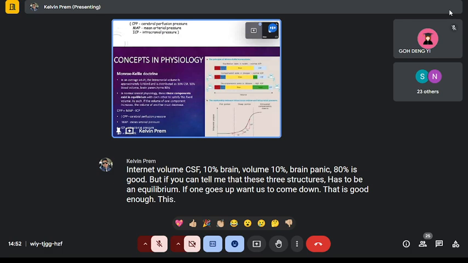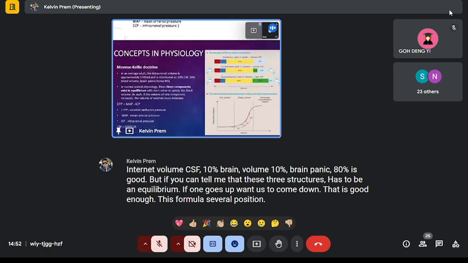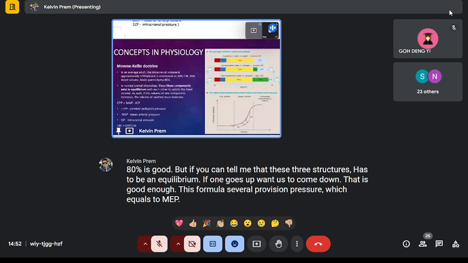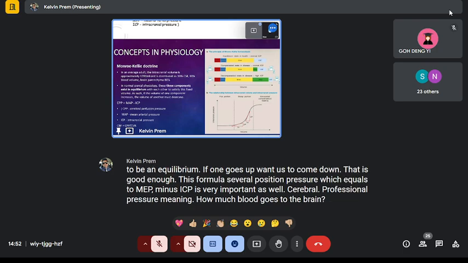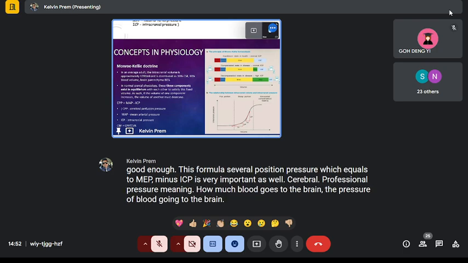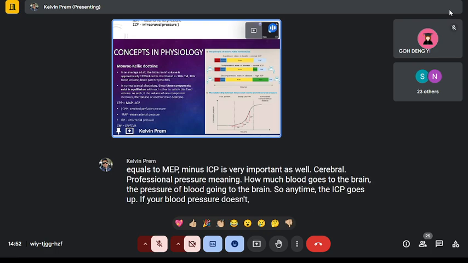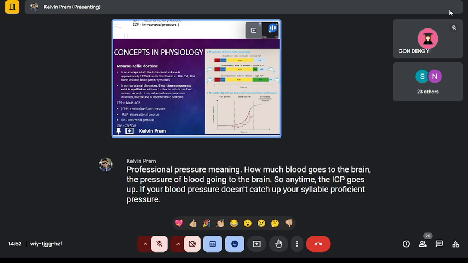This formula, cerebral perfusion pressure equals MAP minus ICP, is very important as well. Cerebral perfusion pressure means how much blood goes to the brain, the pressure of blood going to the brain. Anytime the ICP goes up, if your blood pressure doesn't catch up, your cerebral perfusion pressure drops.